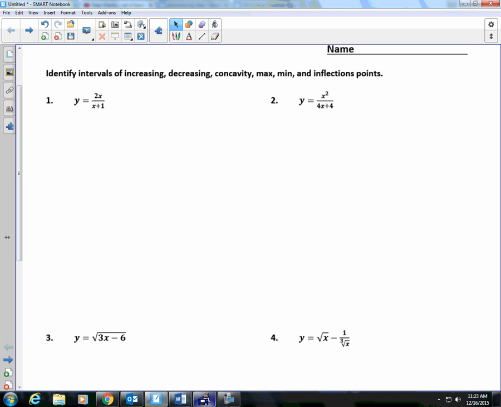Okay, number 2. We start again by doing the first derivative. So y prime is equal to, what do I have to use? Quotient rule. Derivative of the top times the bottom, 4x plus 4, minus x squared times 4.